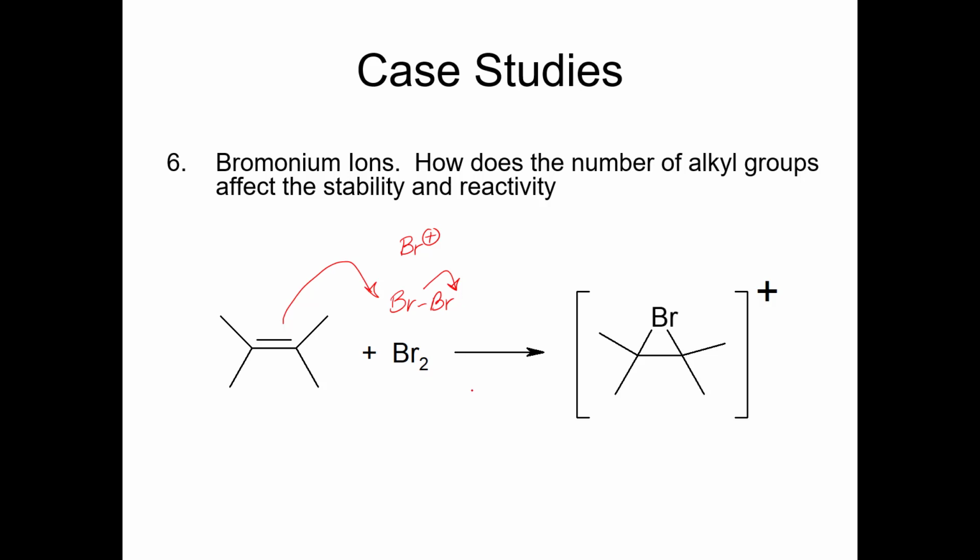Now, if I do this reaction with adding the Br+ and then adding water, the water molecule attacks the bromonium ion, because we have a delta positive charge here, a delta positive charge there, and water's going to add to one of these two carbons.